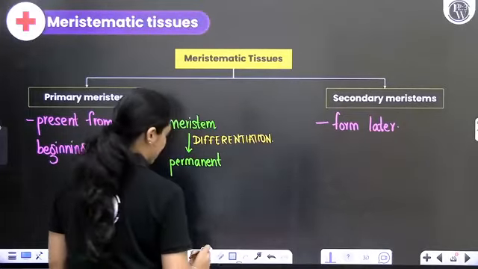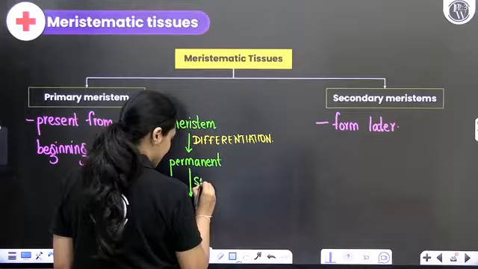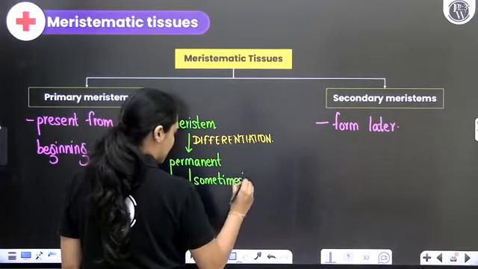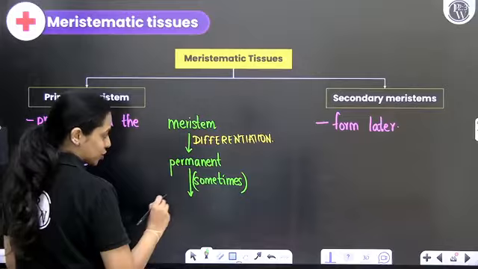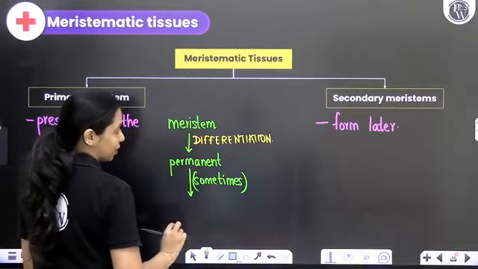Sometimes, very rarely, the permanent tissue will regain the ability to become meristematic.